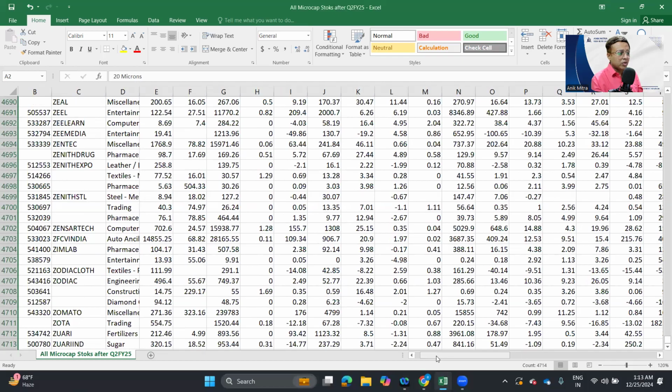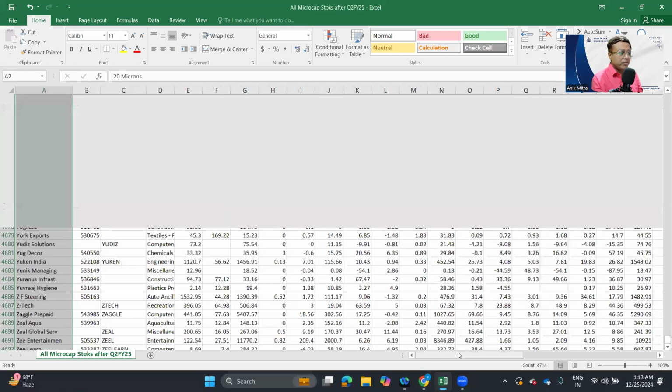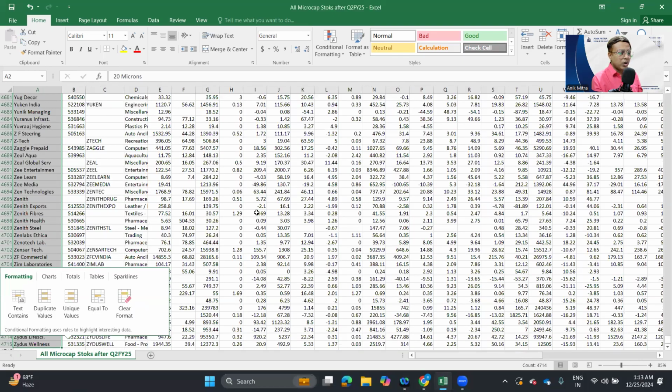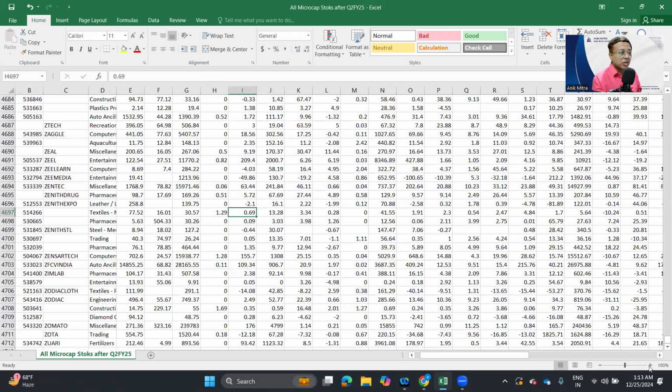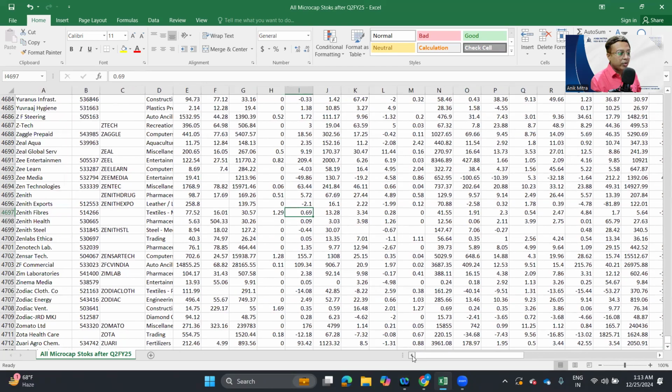It is quite an exhaustive list, and obviously we cannot blindly say which stock is good and which stock is not good. So for that, I'm going to filter this list.